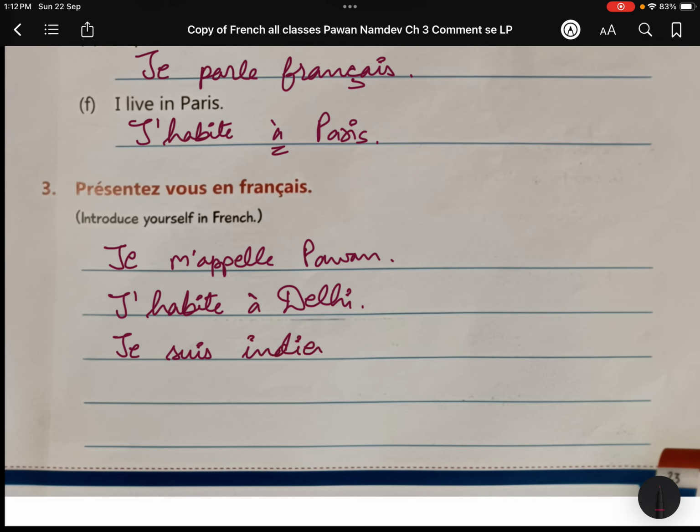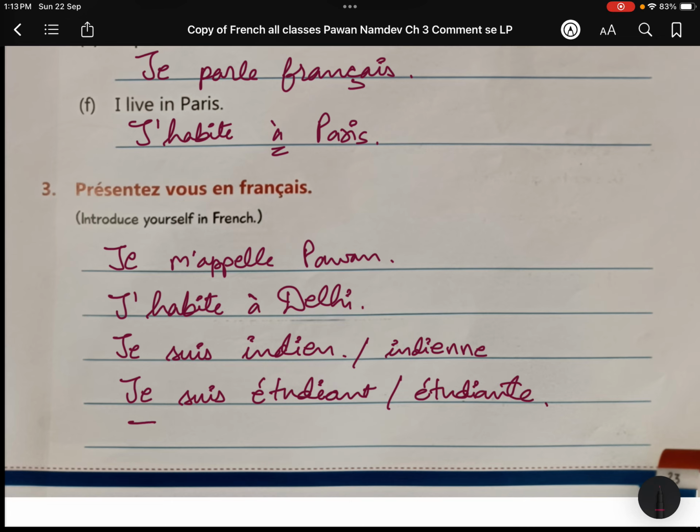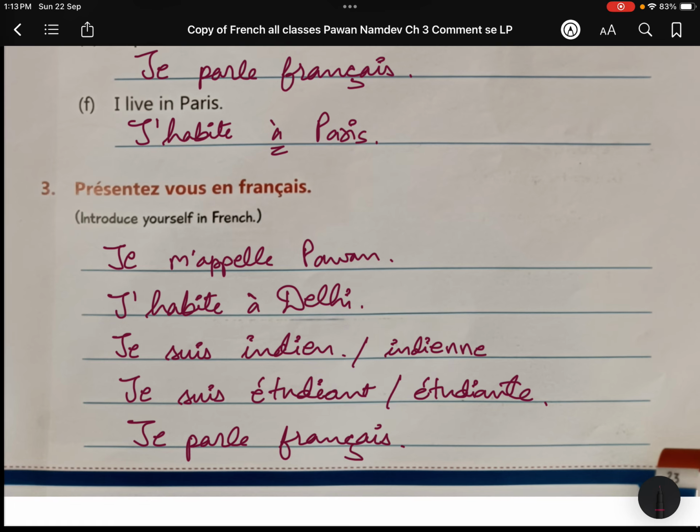I am Indian, your nationality. Je suis étudiant. I am a student. For girls, you have to write an extra e. Je parle français. I speak French. Clear?